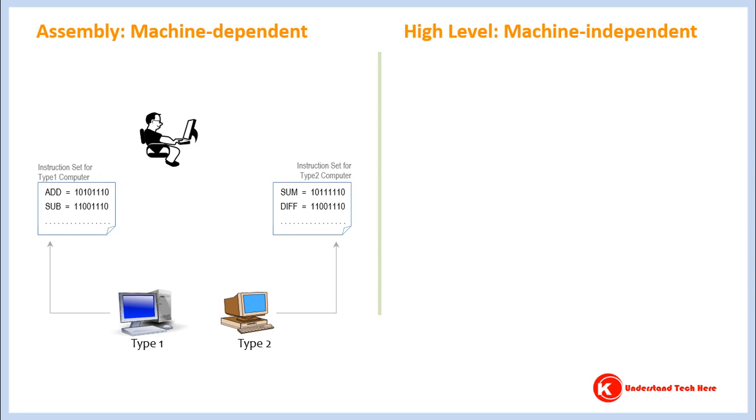Now a person wants the computer to do addition and types add. The computer doesn't understand the command directly. It needs to be converted into ones and zeros. This is the job of an assembler. Hence, the command add goes to the assembler.